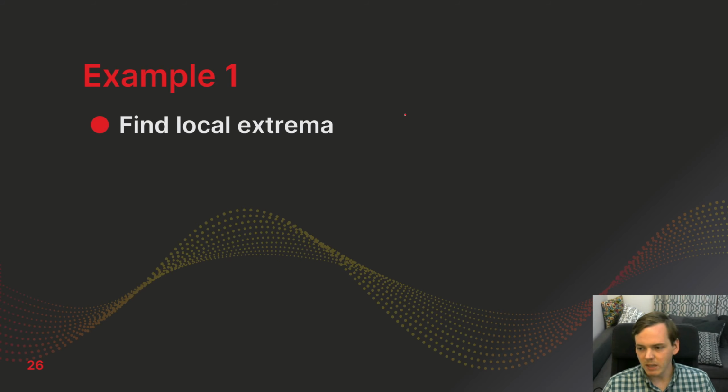So for the first example, we want to find the local extrema of the function f of x equals x cubed minus 3x squared minus 9x minus 1.